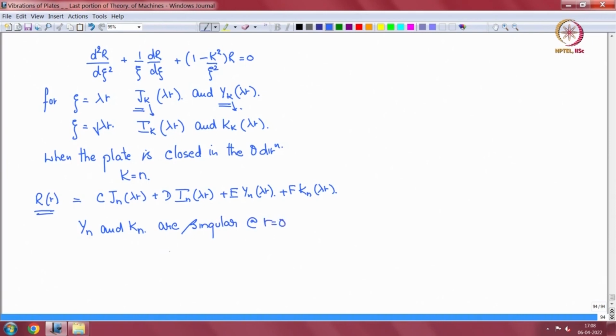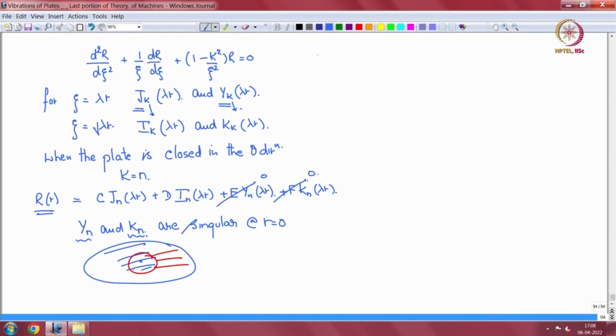So that means if the plate includes the origin, it is not some annular region, it is not an annular plate, then Y n and K n blow up, which means, from a realistic engineering standpoint, E and F have to be 0.